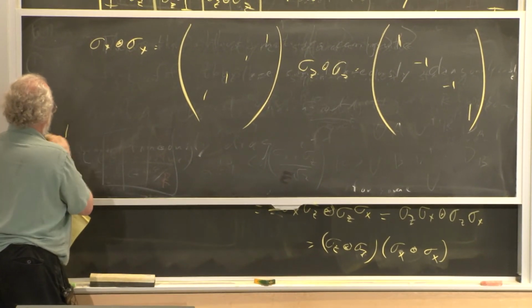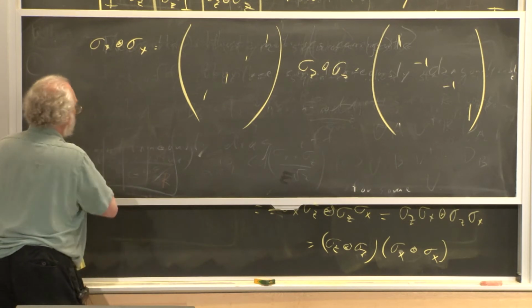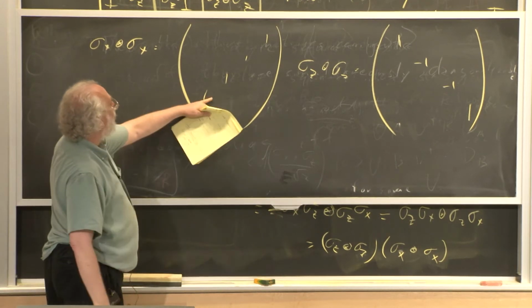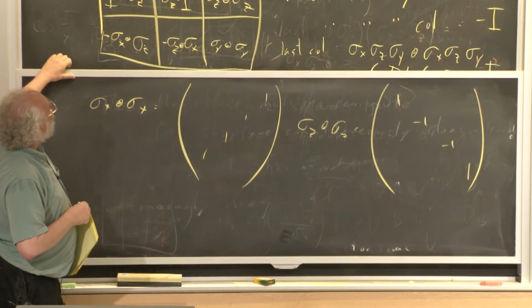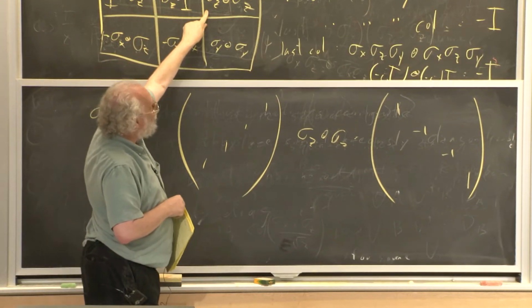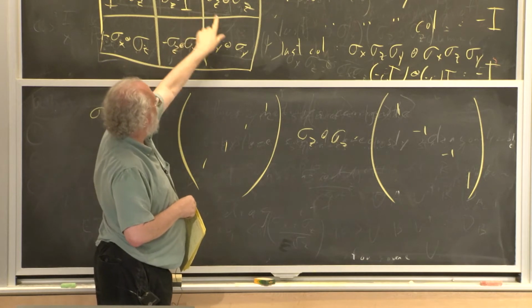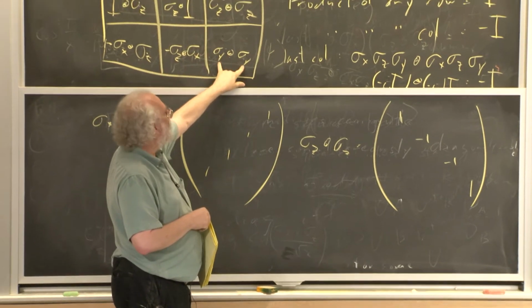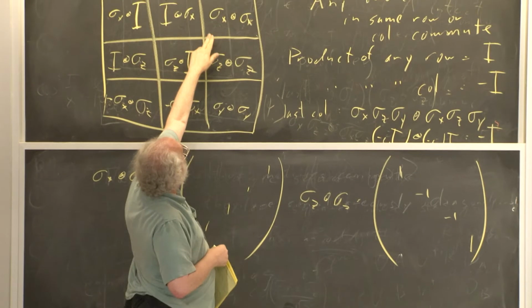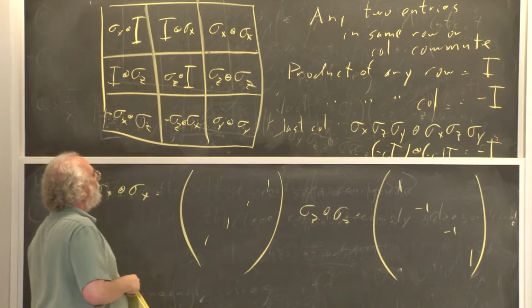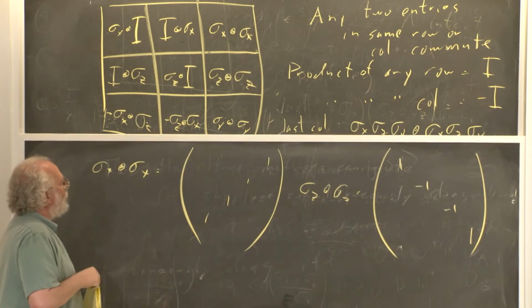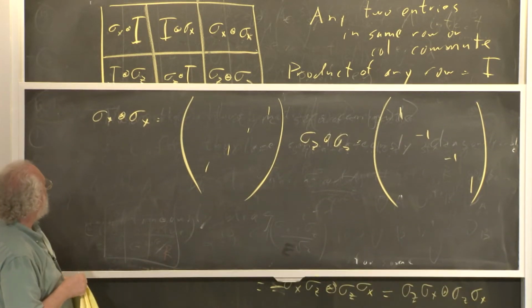And there are 4 eigenspaces. And first, if you know sigma x tensor sigma x, and you know the eigenvalue for sigma z tensor sigma z, you know the eigenvalue for sigma y tensor sigma y, because this times this is minus 1. So we don't need to worry about sigma y tensor sigma y.